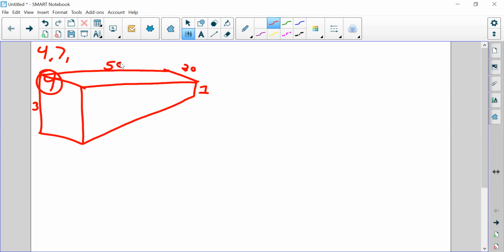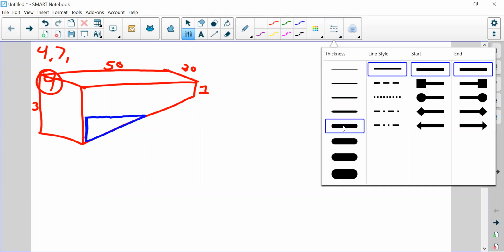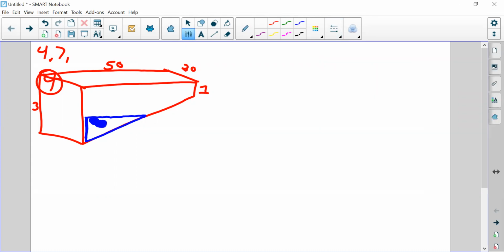Okay, so we are pulling water into this, and my water level is at some point like this. All right, so that's my water.